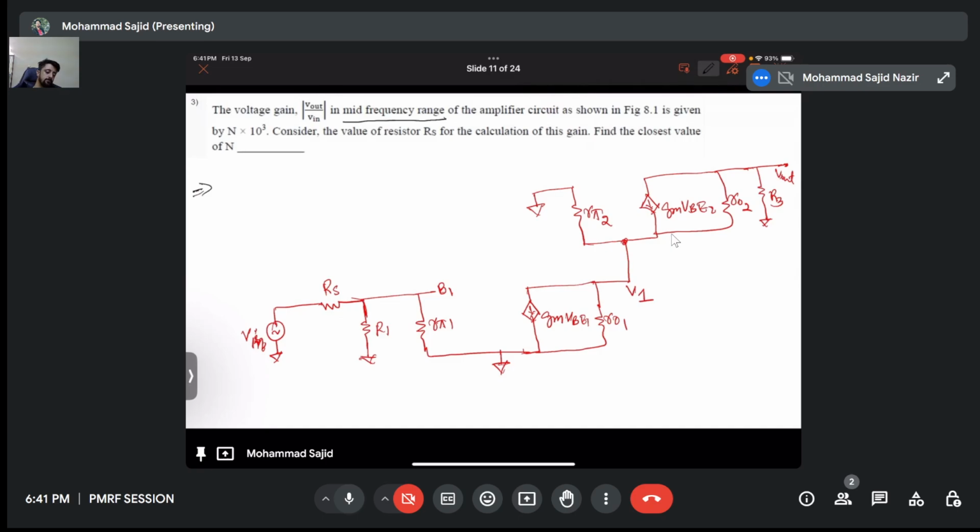What do we have? This is our output node.